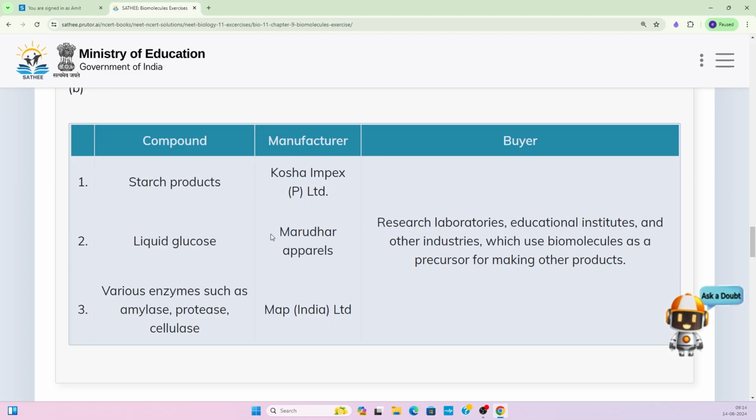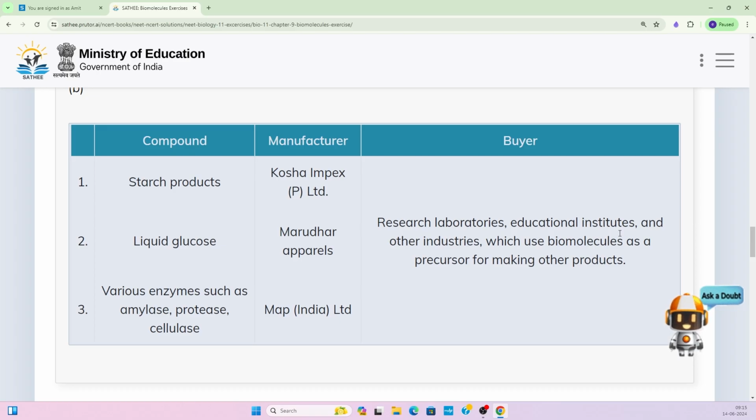So these are some of the manufacturers, and these are some of the biomolecules synthesized by them. And who are the buyers? Research laboratories, because the starch products, liquid glucose, and various enzymes such as amylase, proteases, and cellulase are used in different research projects, right? So there are different research laboratories that use these compounds.